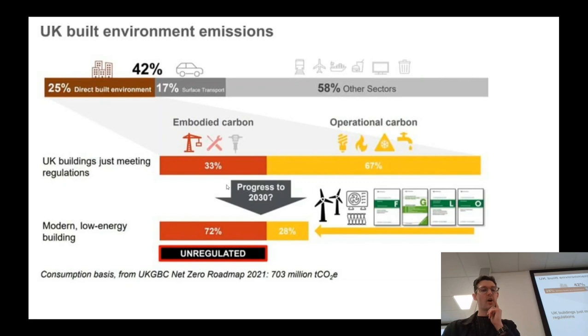33% of the carbon emissions come from the embodied carbon of the building. But 67% is the carbon emitted during the life cycle of the building. So I'd imagine it like this. It's double the carbon cost to keep this building hot, lit, working, ventilated, as it was to build it in the first place.